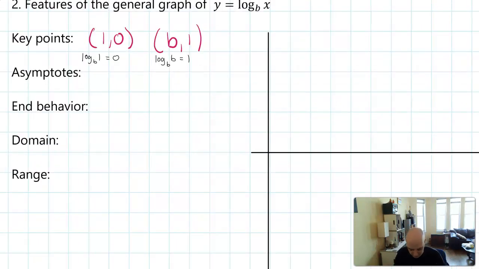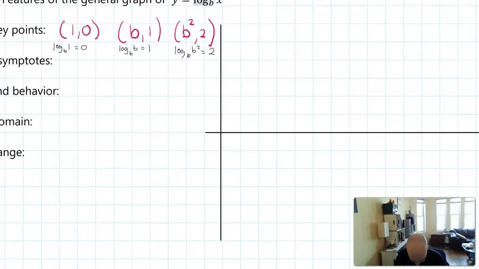So those are the two key points. And if you need a third key point, the next point would be (b squared, 2), because it is true that log base b of b squared is always equal to 2 by the inverse property that we looked at earlier.